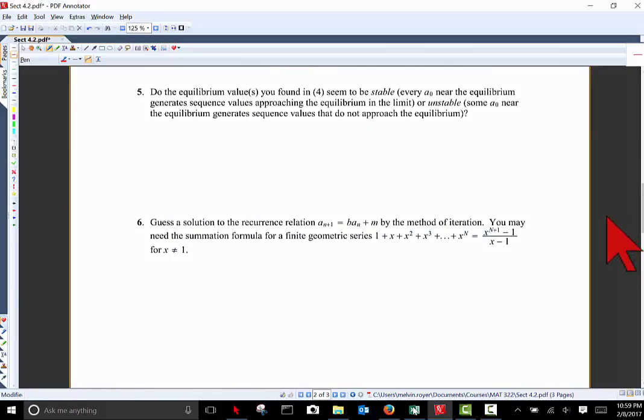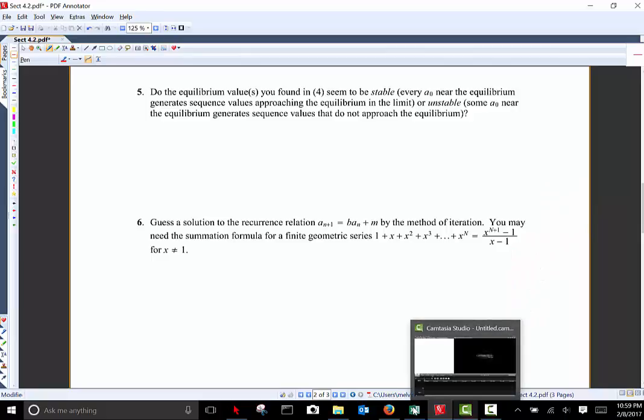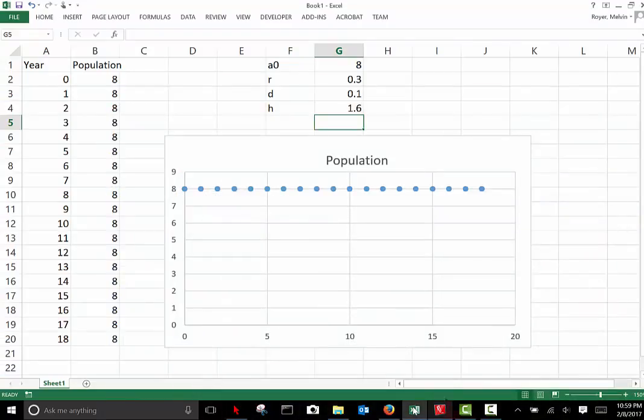So supposedly we can stabilize the population, but the question is, does that really work in practice? All measurements have some error in them, and this is population measured in thousands. So in fact, I'm not going to be able to get exactly 8,000 as the starting population. Maybe it's going to be 7.99 or something.